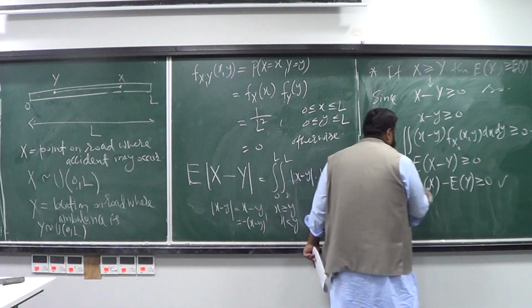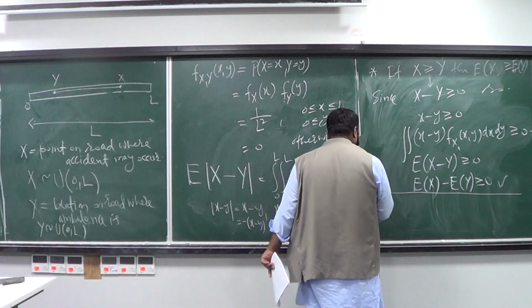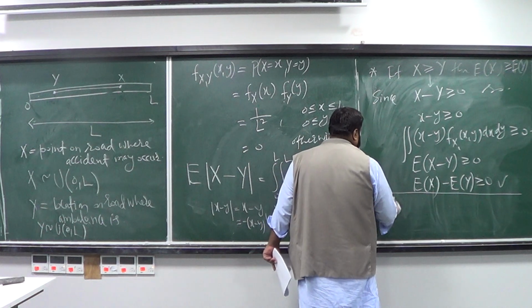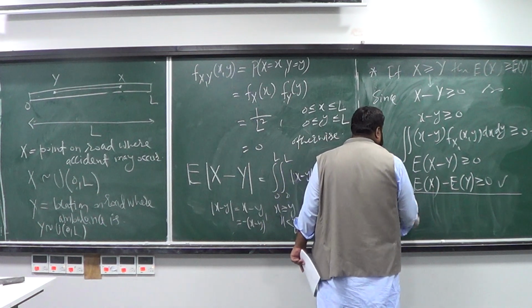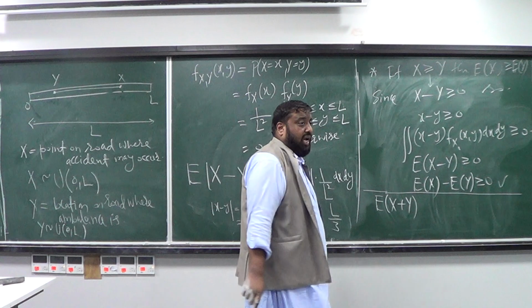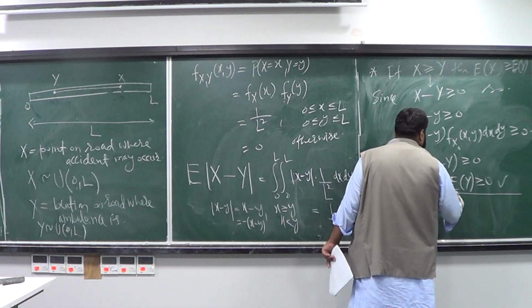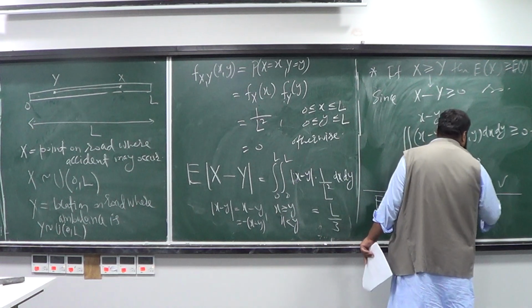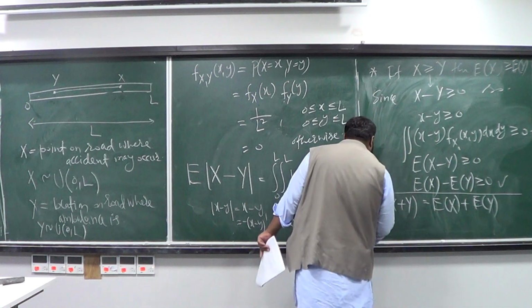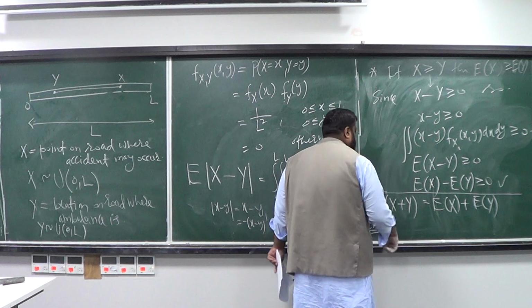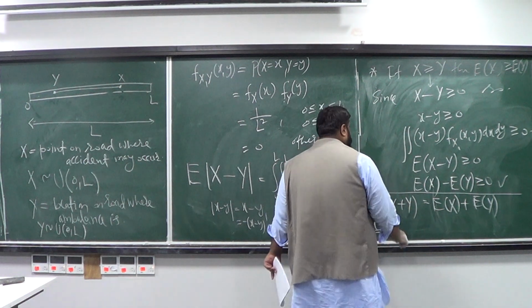If you remember, we showed in our previous chapter that if you have two random variables x plus y, then their expectation can be written as the sum of the expectations. Maybe one exercise for you is to generalize this for n random variables.